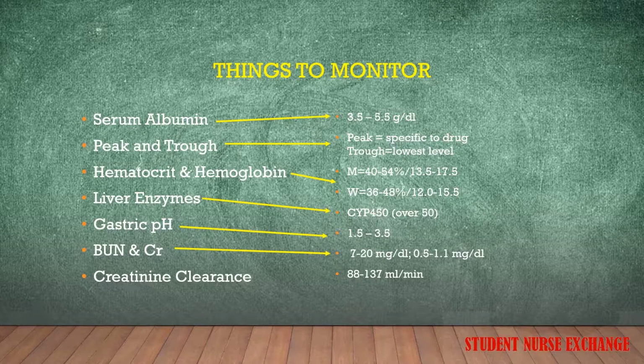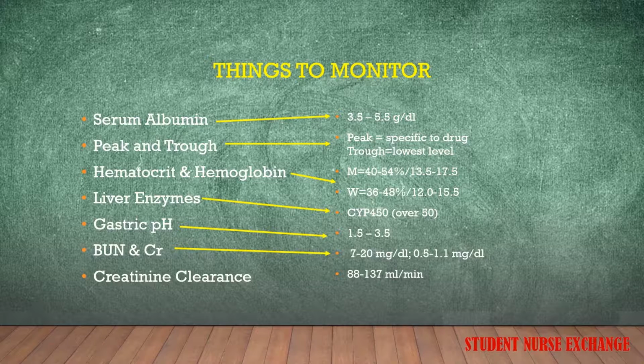Creatinine clearance is really a measure of creatinine being eliminated from the body at a constant rate. And we get a 24-hour urine, right? And we're measuring the creatinine clearance, and that is really looking at the glomerular filtration rate, or the urine output. What is the normal elimination pattern of that patient?